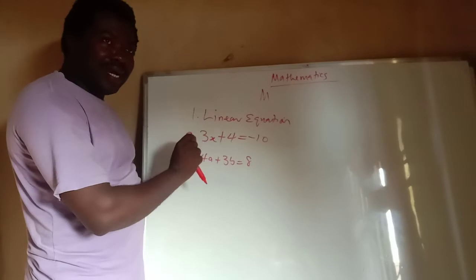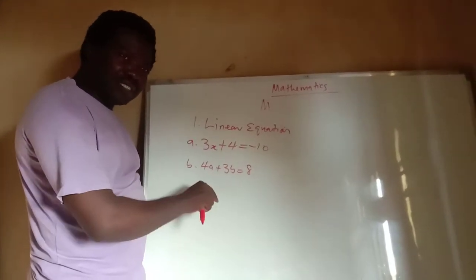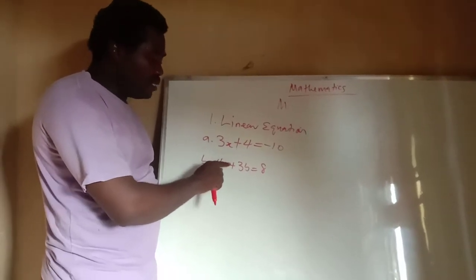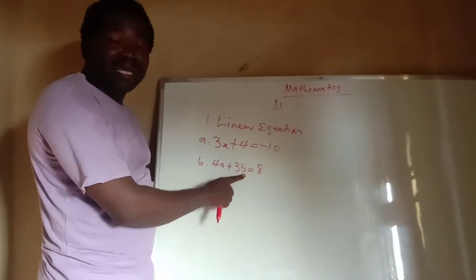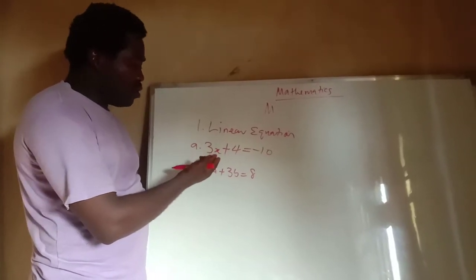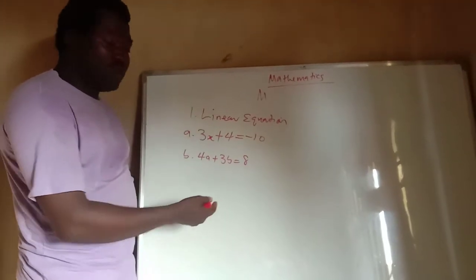The unknowns are a and b. We have two unknowns, but it is still linear equation. Now it is linear because a has highest power of 1, b also has highest power of 1. Therefore, this is also called linear equation.